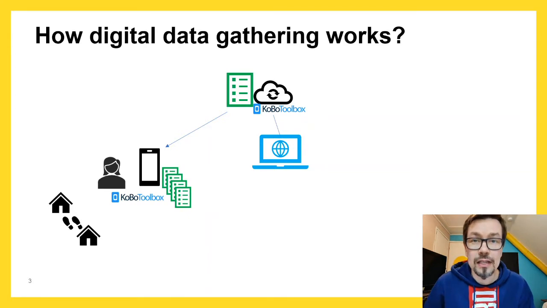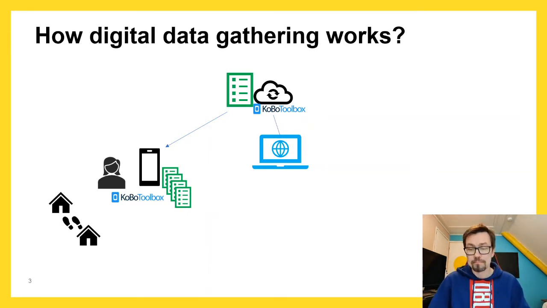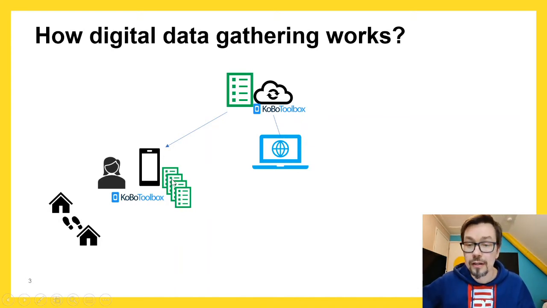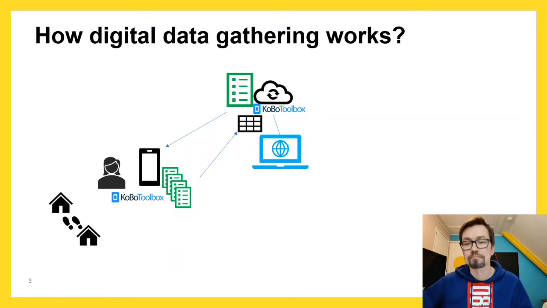They will be saved in the mobile phone, and once you can access internet, the phone gets connection, then all of this data that has been gathered will be sent back to the cloud, and then those who have access to that account can review and see all the data, maybe hundreds or thousands of records, and see what has been gathered.